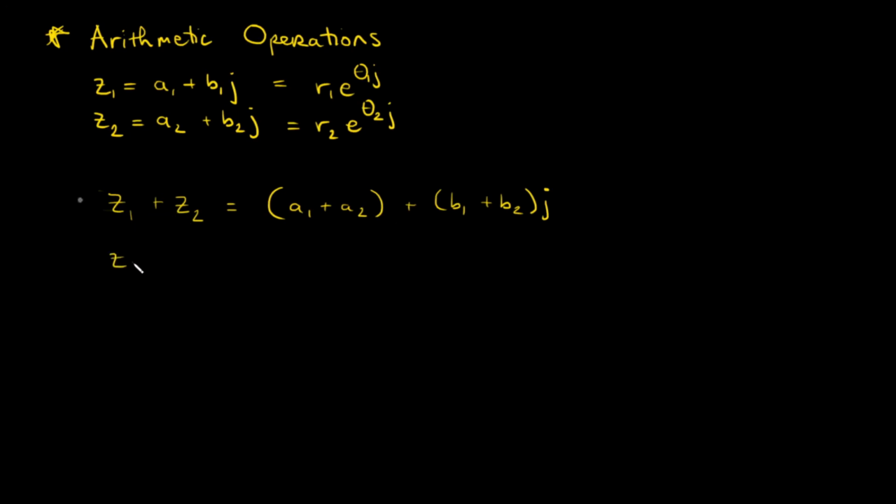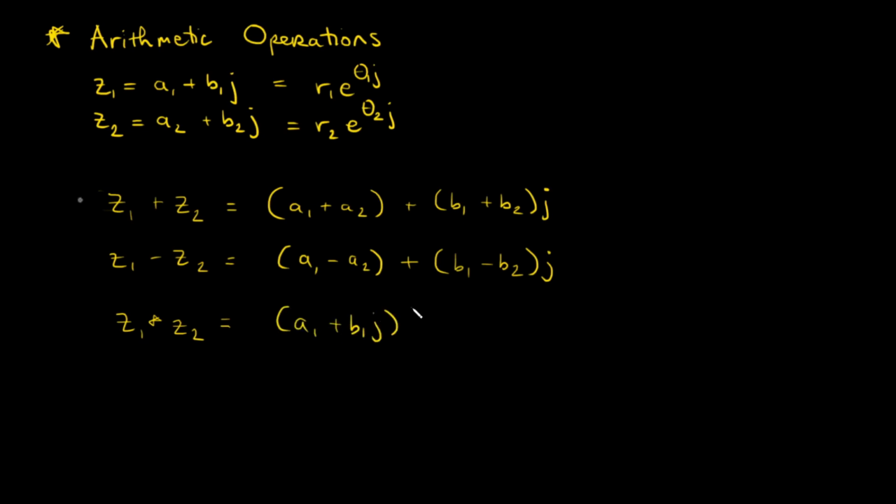How about subtraction? z1 minus z2, and again, we're going to use the Cartesian form rather than the polar because it makes our life easier. a1 minus a2, and then b1 minus b2 times j. How about the multiplication between two complex numbers? z1 times z2. You can use either Cartesian form or polar form, either way works. You can have a1 plus b1j times a2 plus b2j.